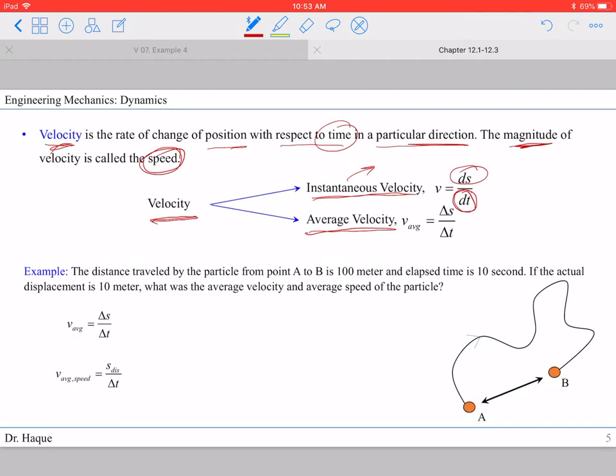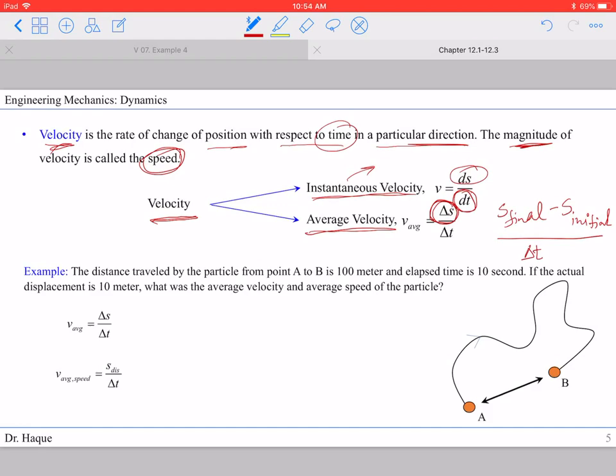Average velocity is the total displacement, so final minus initial, s final minus s initial, divided by the change in time, delta t.